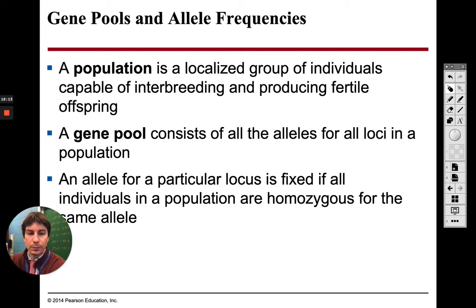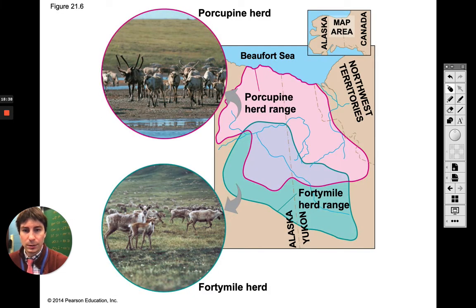So their gene pool would have a lot of alleles for red hair. Go to Africa. Not a lot of people in Africa have red hair, so their gene pool would be completely different than the Ireland pool, because the Africans would not have a lot of the alleles for red hair, but the Irish would. We'll talk about gene pool a little bit later as well.